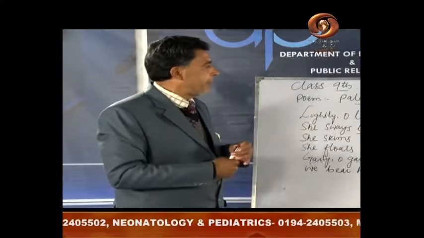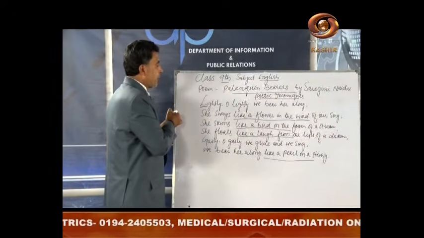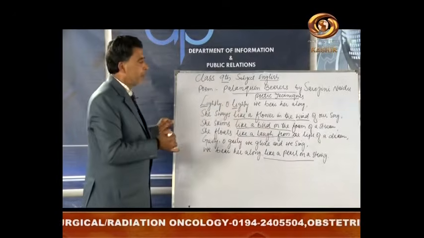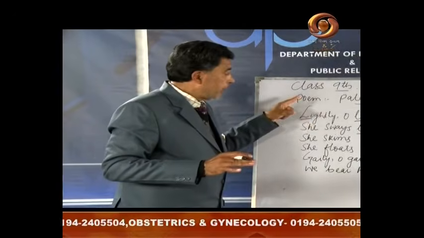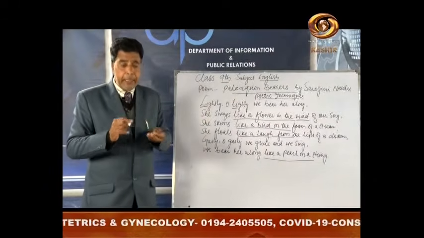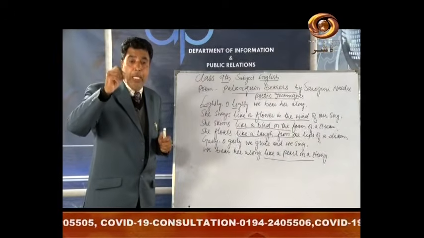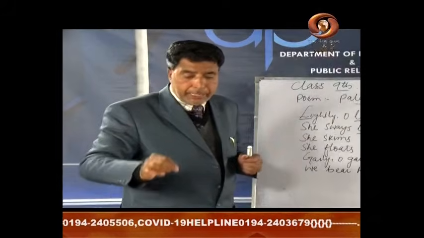Lightly, oh lightly we bear her along. Here you see this word starts with la and this starts with la. Clear? There are other things also, but there is a poetic technique in English that is called alliteration. You please write down: alliteration, A-L-L-I-T-E-R-A-T-I-O-N.